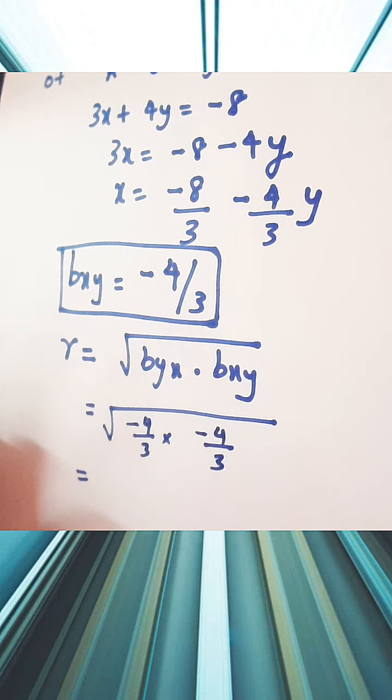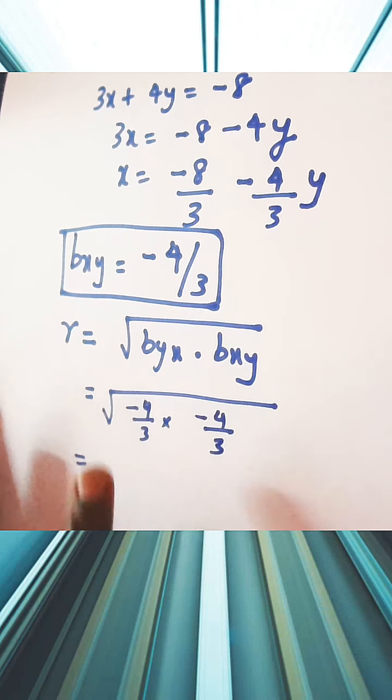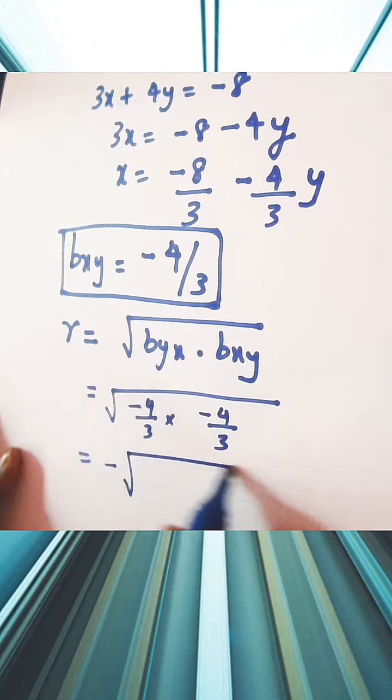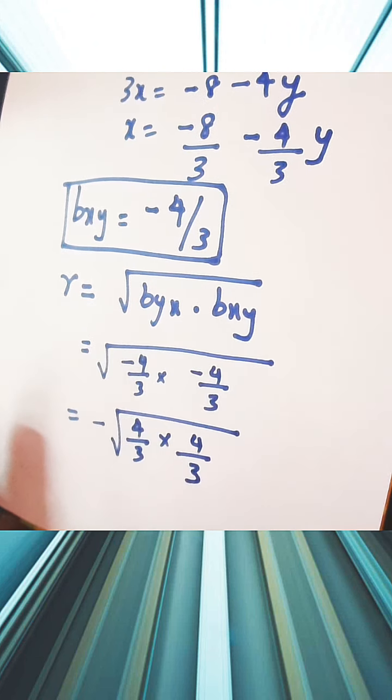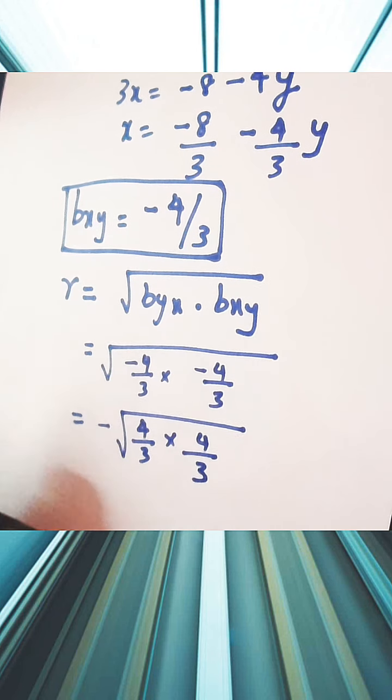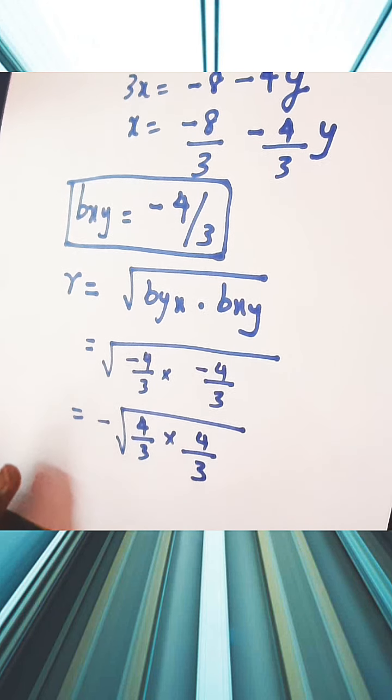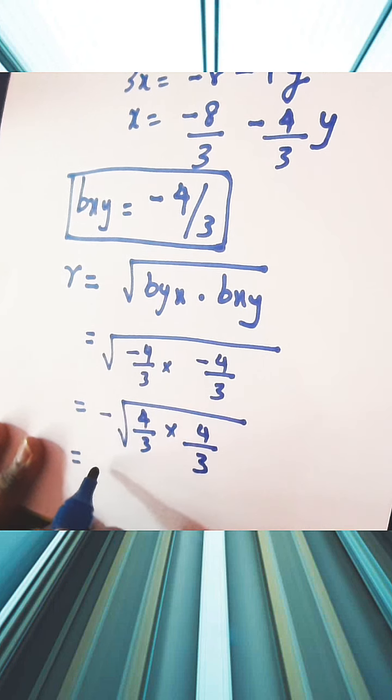It's not like that. As per the rule, when both are negative, r also should be negative. We'll take the negative out. Square root of 4 by 3 into 4 by 3. That's why I said you have to be very careful and remember the property of regression coefficients.